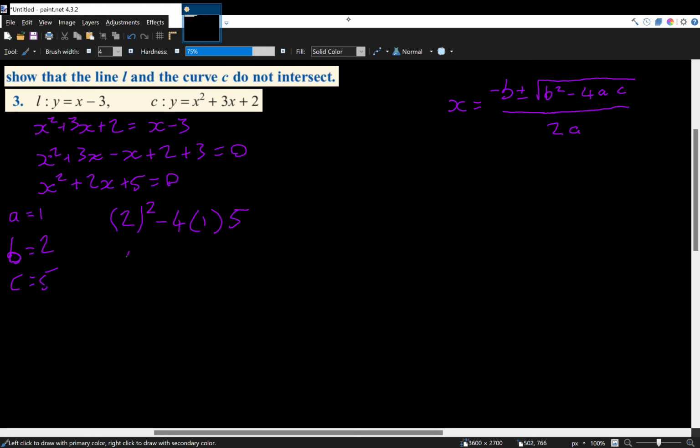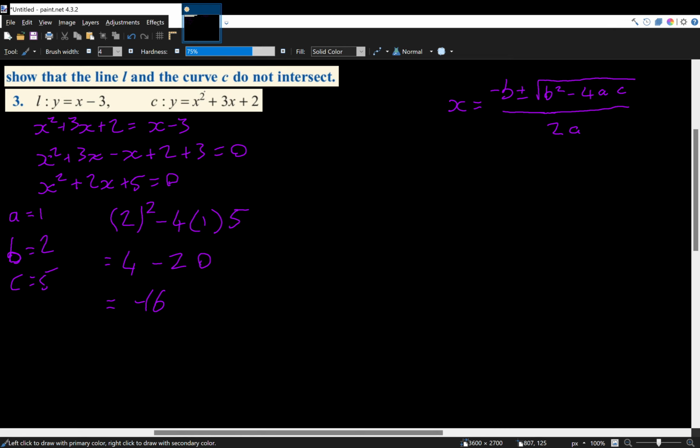Now 2 squared is 4, and 4 times 1 times 5 is going to make minus 20. So we're going to get minus 16. And because we got minus 16 from this, that proves that this line and this curve do not intersect.